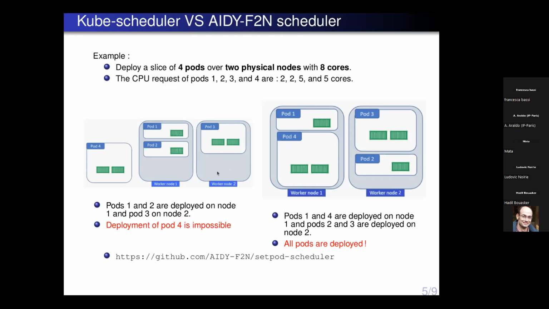Here I have 4 cores left, and here I have 3 cores left, because I consumed 5 cores using pod 3. Now I want to deploy pod number 4, which needs 5 cores. It's impossible to do it here, because here we have only 4 cores left, and here we have only 3.